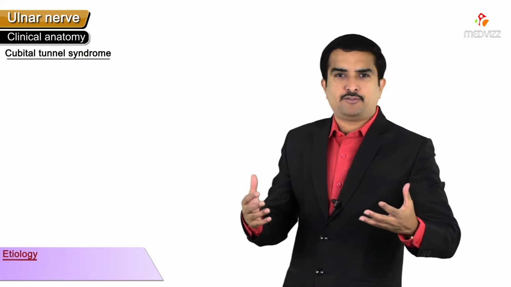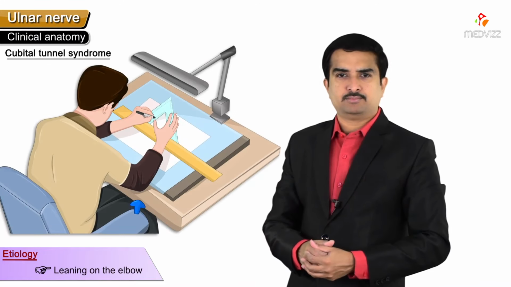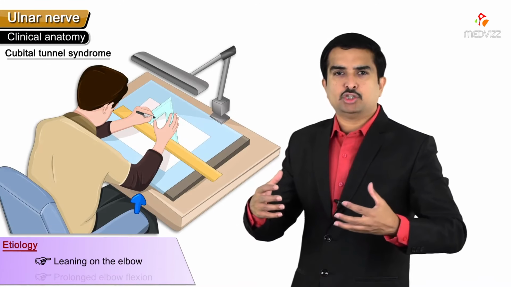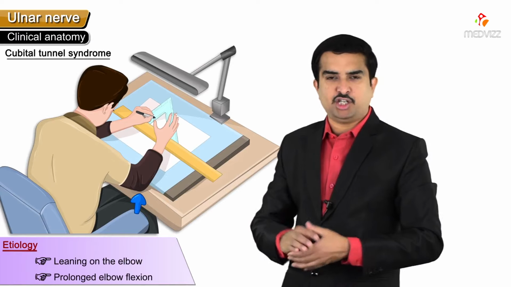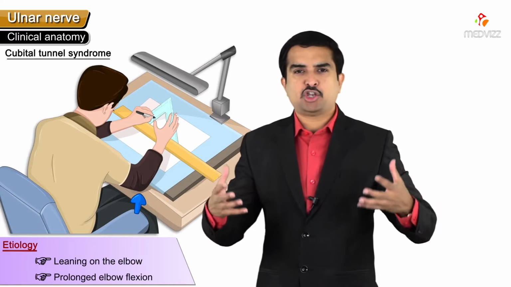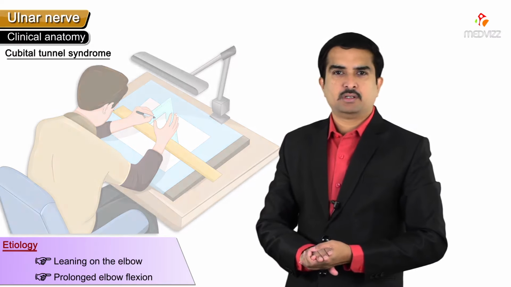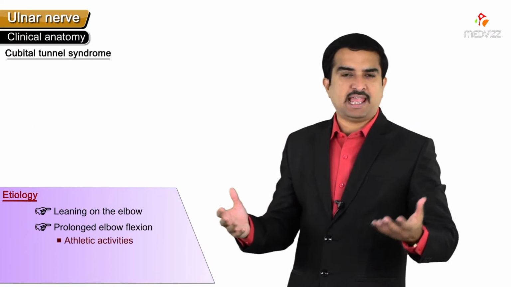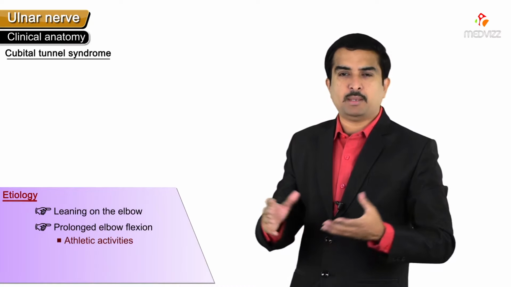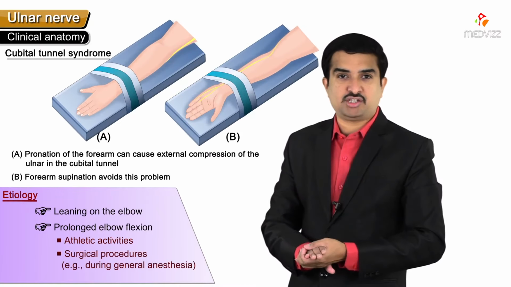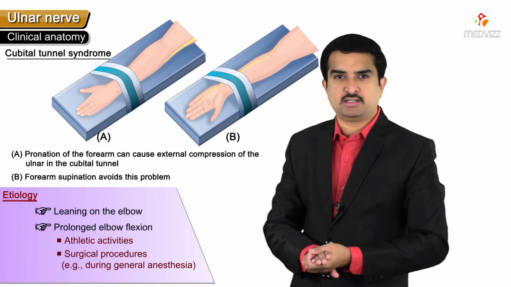It may be because of leaning on the elbow, or maybe due to prolonged elbow flexion during various types of occupational activities like leaning on the desk on the elbow, or maybe because of athletic activities, or because of surgical procedures, that is during general anesthesia.